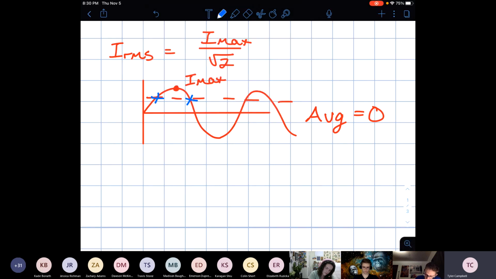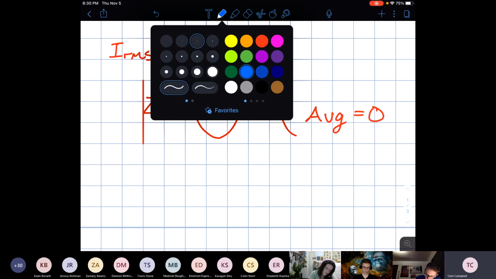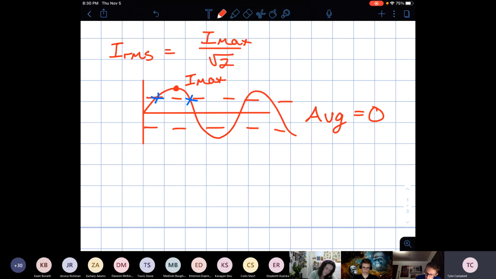Because if you'll notice, this is where plus and minus, this is where this function spends a lot of its time. That's just a quick picture representation of what that actually means. Other than that, this is all I have for the actual calculation of it. It's just the maximum divided by the square root of 2, just a ratio.